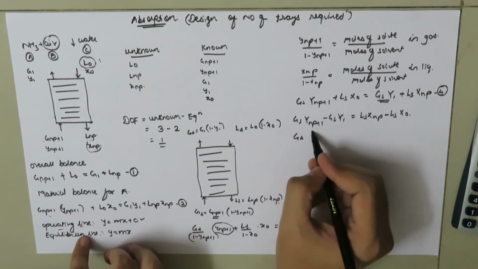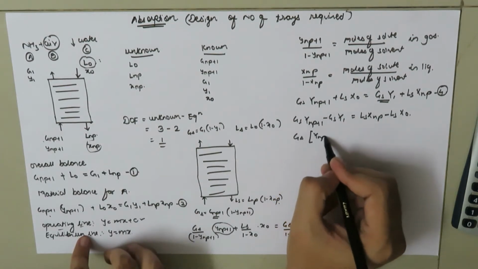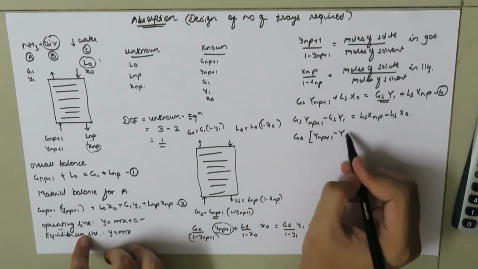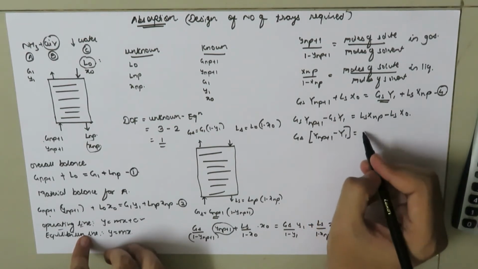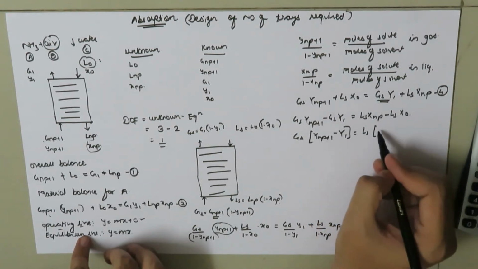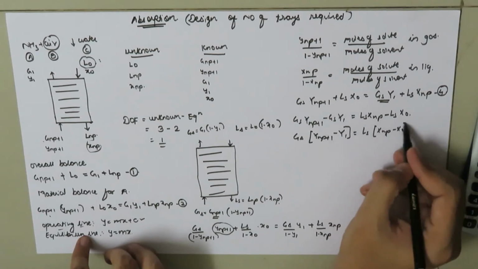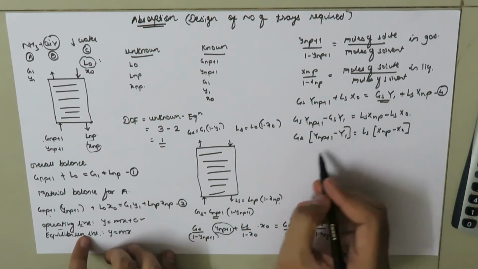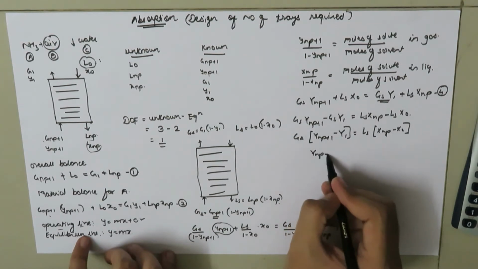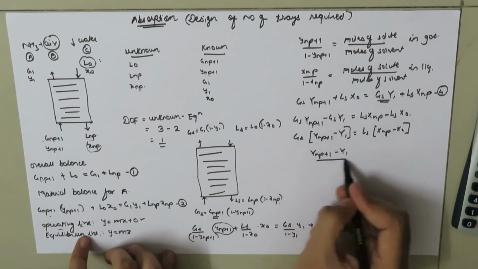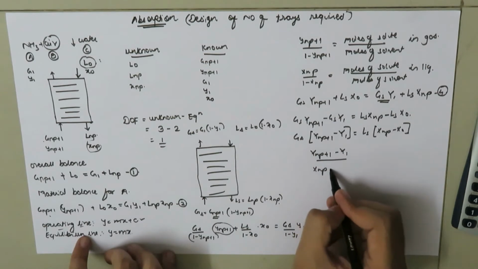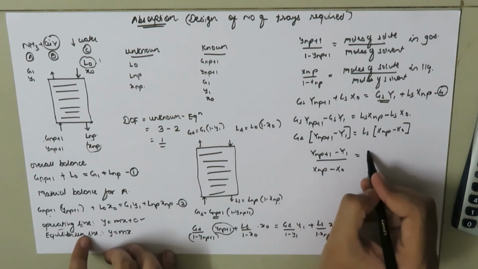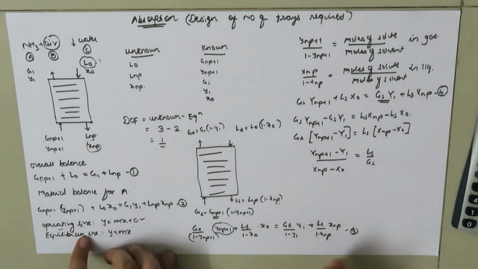If you take Gs common, this will be Y_{Np+1} minus Y1, and Ls inside the bracket X_{Np} minus X0. So if we take Ls over Gs, this will be (Y_{Np+1} minus Y1) upon (X_{Np} minus X0), which is equal to Ls by Gs.